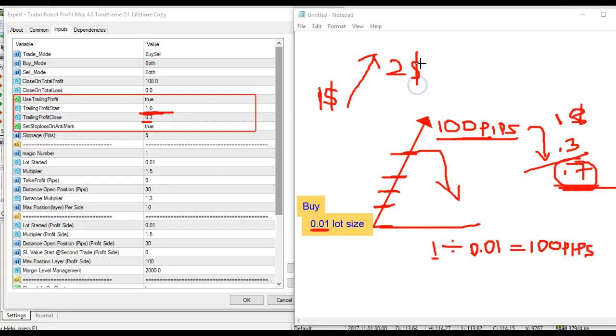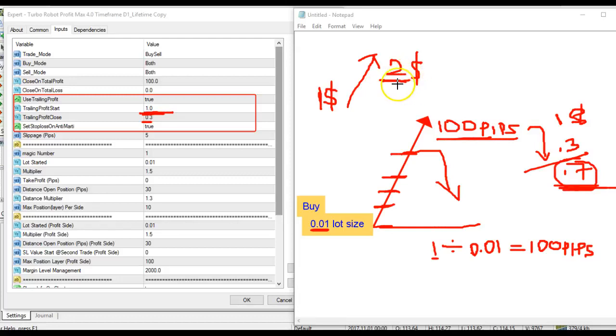What this means is every $1 that you have, the moment you go up here, that is doubled up, and then it will lock another level of locking. So it will lock at $2. All right. So the moment it reaches $2, it will lock.